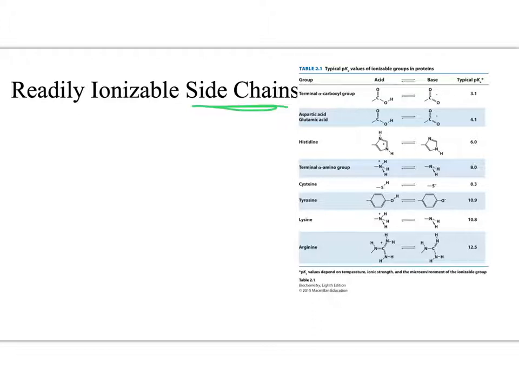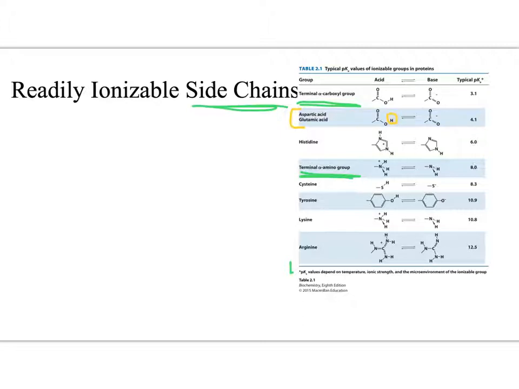So here we're looking at a list of some of these substances. Within this list, we do see there's our carboxyl group and our amino group. These are the groups that we've already talked about. But we also see that aspartic acid and glutamic acid, aspartate and glutamate, have a side chain that can lose a hydrogen.